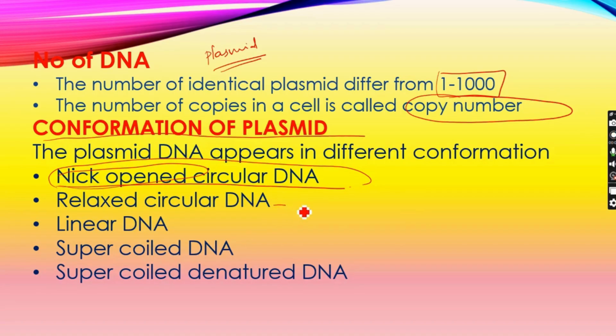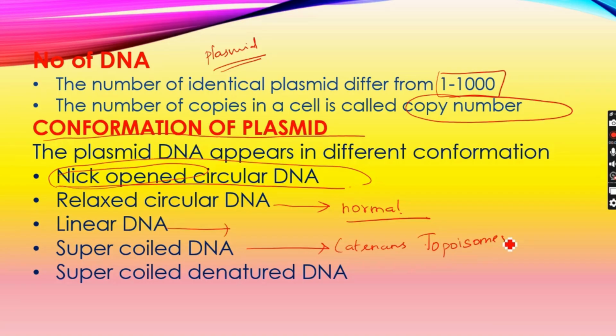A relaxed circular DNA is the normal plasmid DNA to be present. A linear DNA, a linear replication, and supercoiled DNAs take place during the catenane formation. A topoisomerase causes the circular plasmid DNA to undergo supercoiling for the release of another daughter cell.